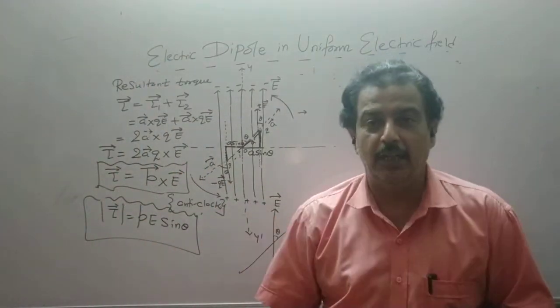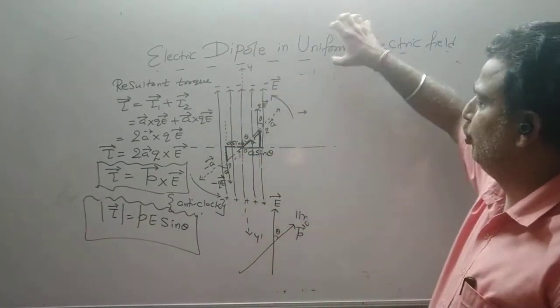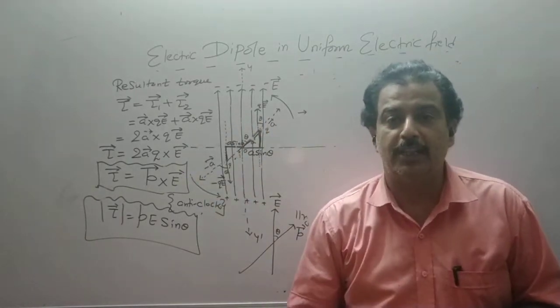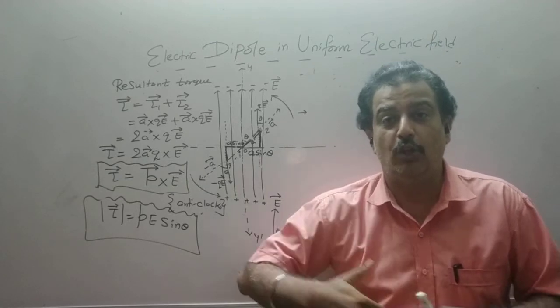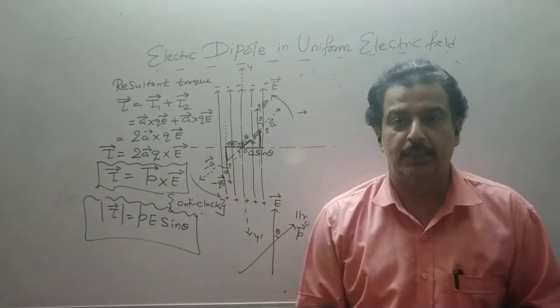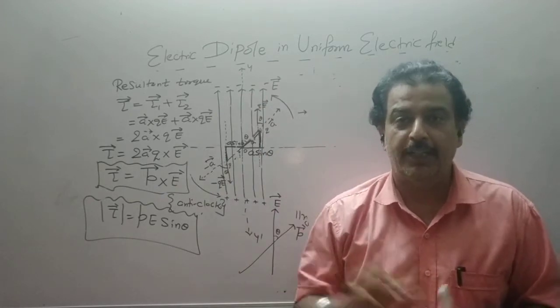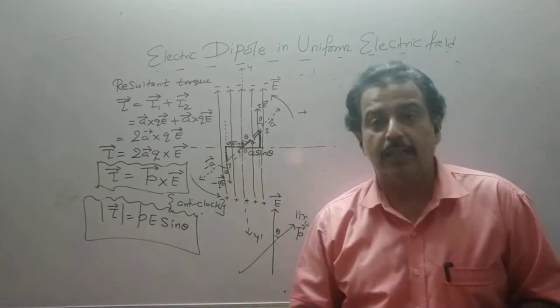So what is the final behavior? Whenever you place a dipole in a uniform electric field, it will not perform translational motion. It will not perform linear motion. It will not move from one point to another. But since it forms a couple, it will rotate if you keep it at an angle theta.